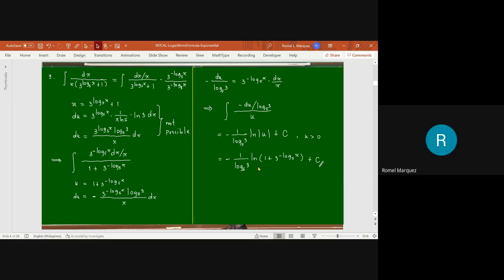Pwede naman. Yes. Negative, pwedeng ln 3 over ln 5 yan. Ay, ln 5 pala, over ln 3. Kasi ang ilalim is what? 1 negative ln 3 over ln 5 yan eh. Itong gitna. Pwede rin yan, ganito.